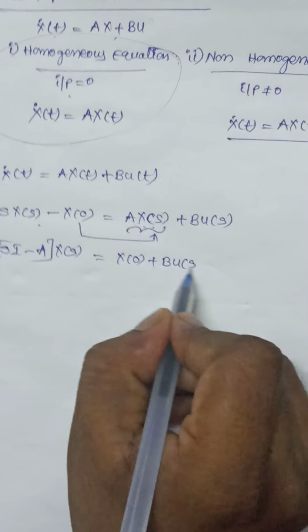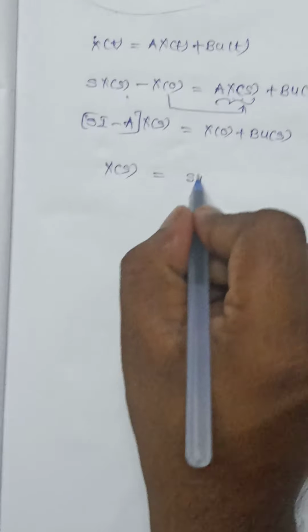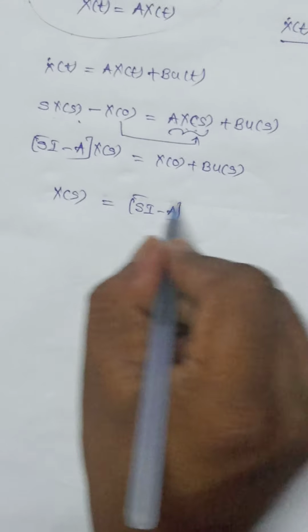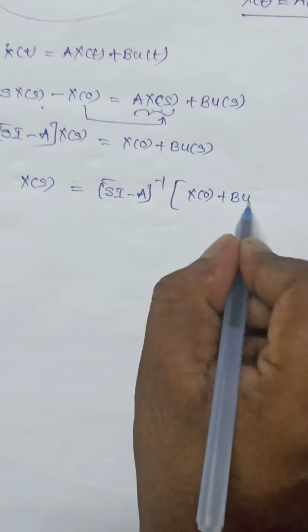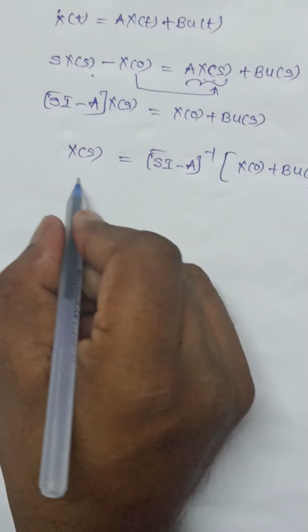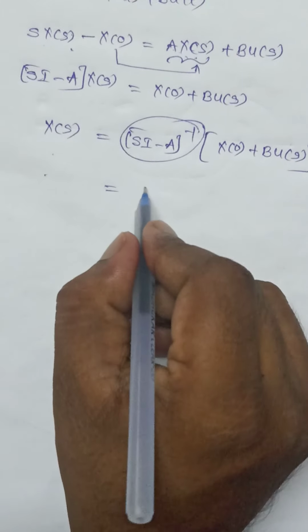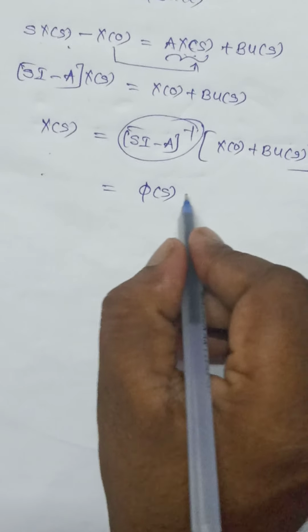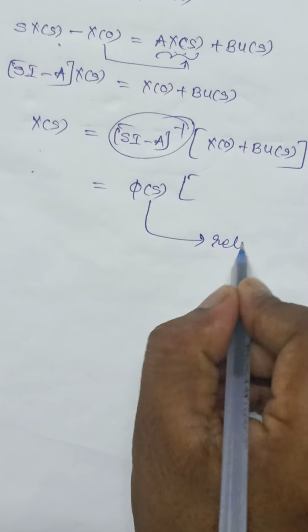Okay, now X of s is equal to (sI minus A) whole to the power of minus 1 into x of 0 plus B U of s. Now, this (sI minus A) whole to the power of minus 1 is written as phi of s.